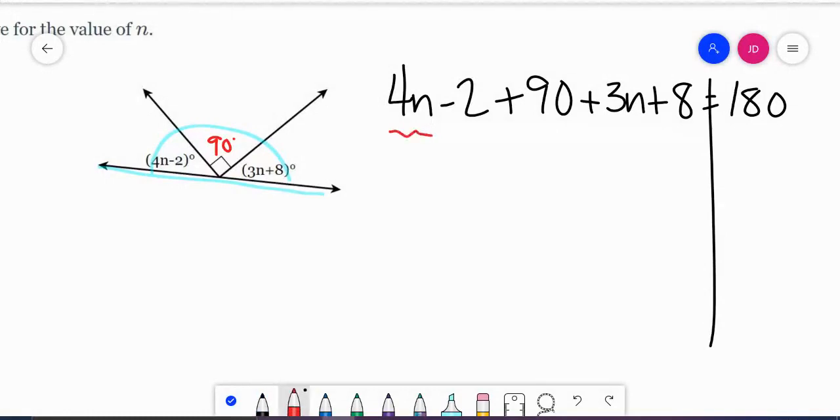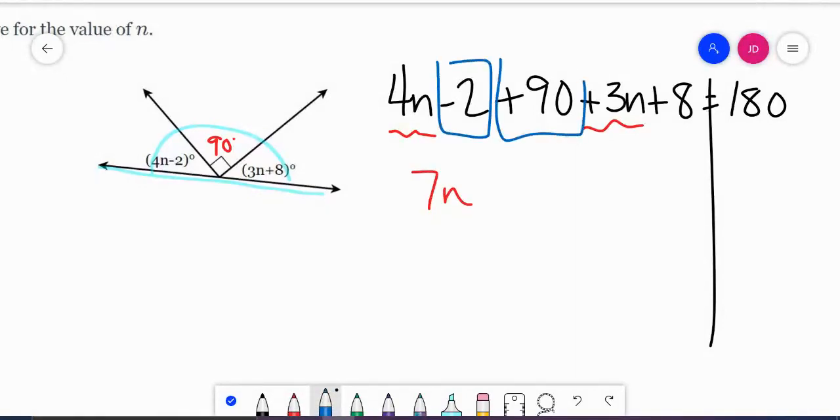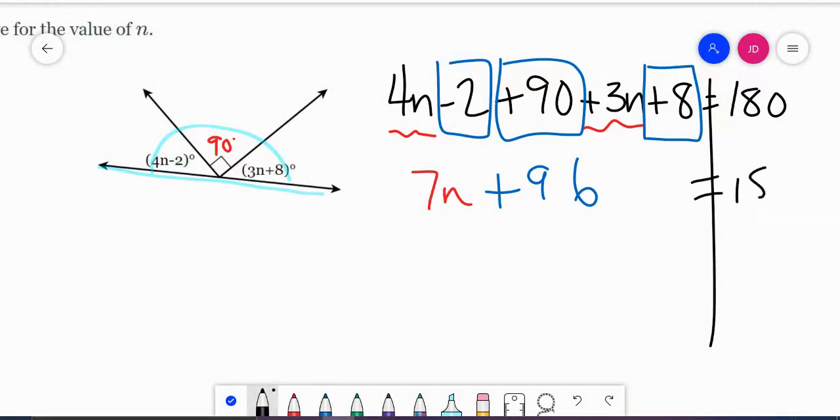Combine my like terms, 4n and 3n. That's 7n. My constants, negative 2 plus 90 is 88. Plus 8 is 96. Equals 180. Minus 96 from both sides.